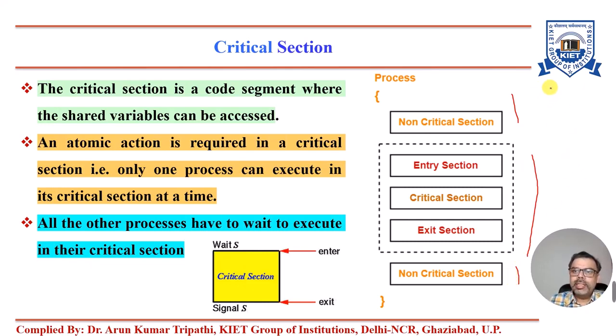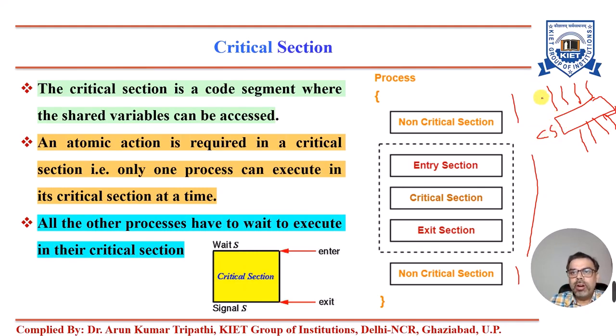Critical section, for example, a number of users are using the IRCTC website for reserving a seat. There is only one seat, so that can be allocated only to one of the processes. So there is a code for seat reservation, that is known as the critical section.